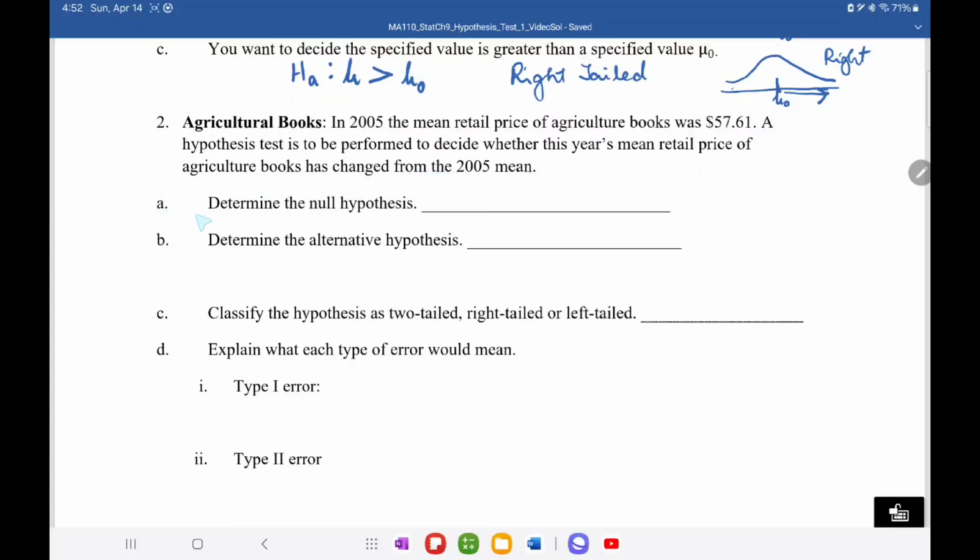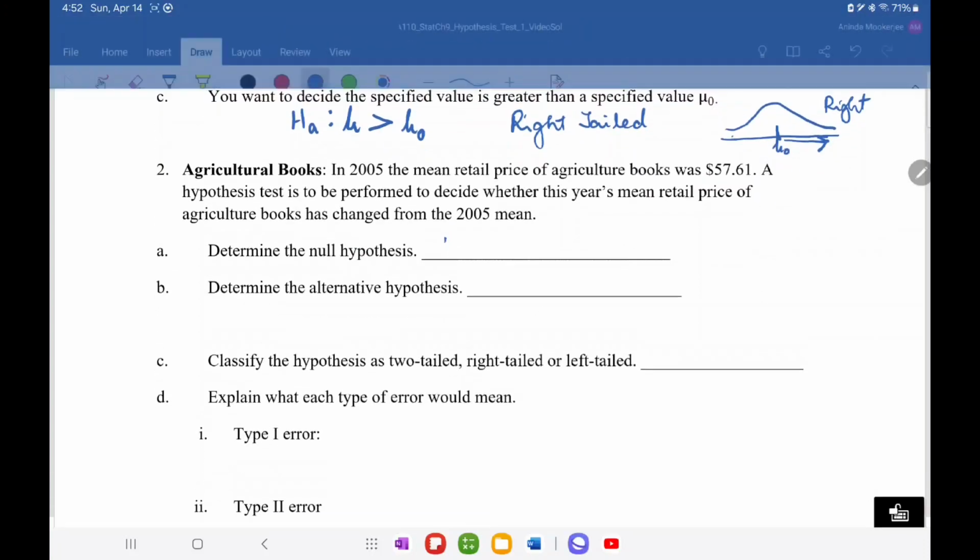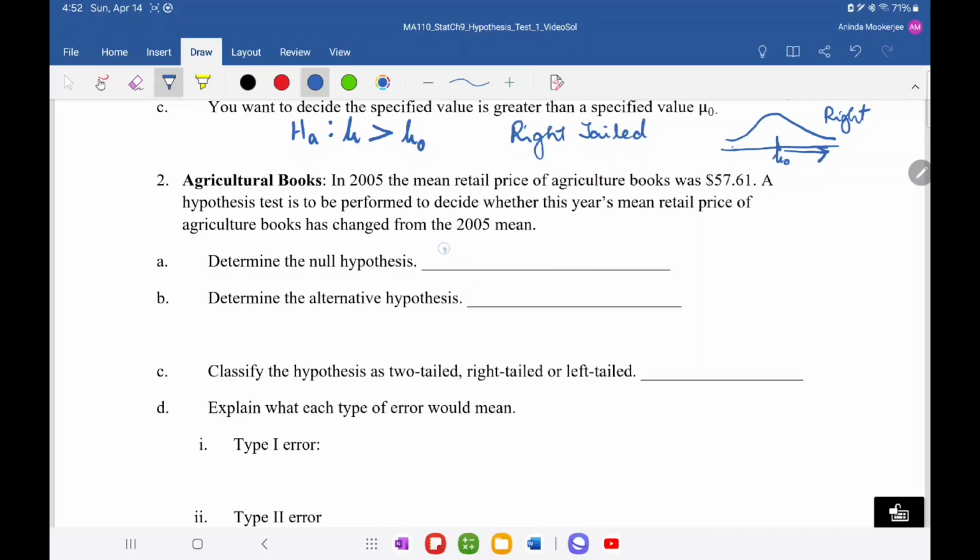Question number A says, determine the null hypothesis mean. In other words, they're asking us to state the null hypothesis. So the form is still the same. For the null hypothesis, you begin by writing H sub 0 colon and then the population mean symbol, which is mu, equals.